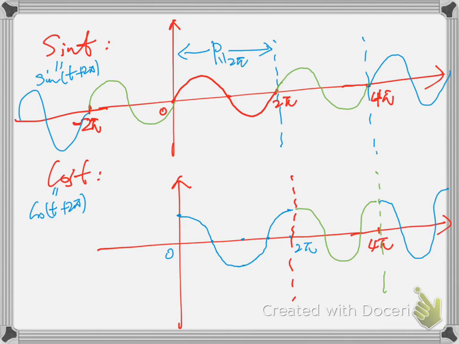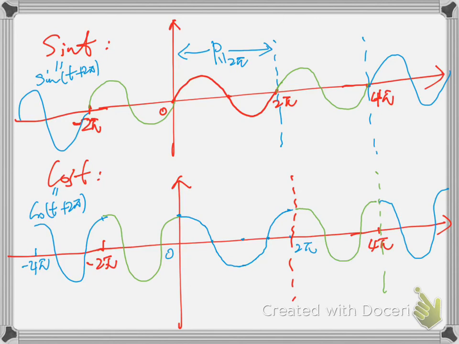On the negative side, this is -2 pi. So what's the curve? From 1, go down to -1, go back to 1. And then from -2 pi to -4 pi, it's the same curve again.